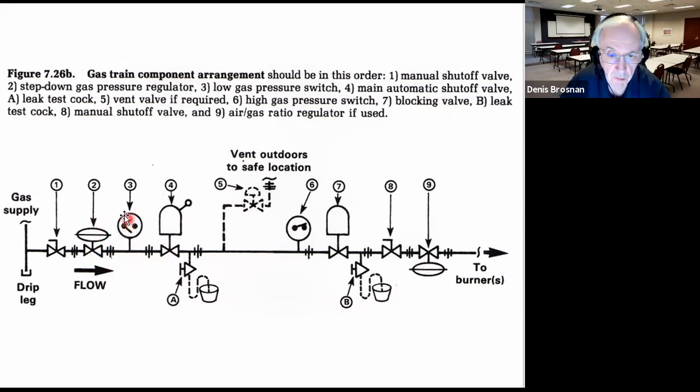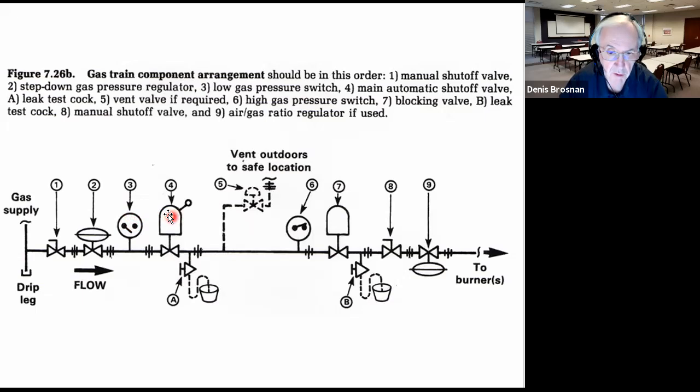Number three is a low pressure gas switch. Remember that burners require a certain minimum amount of gas to stay ignited. Of course, there's a minimum in the combustibility of gas-air mixtures in terms of percent gas. So we need a minimum gas pressure to keep this going. Now, that's an electrical switch, which is going to send a signal to the next component in the combustion system.